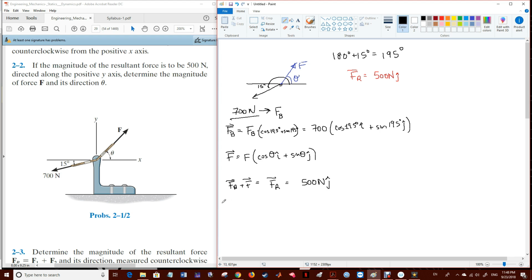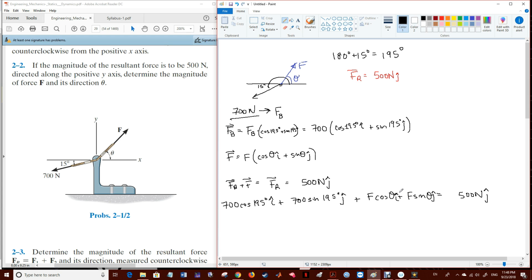So this will look like the following: 700 cosine of 195 i plus 700 sine of 195 degrees j plus unknown F cosine of theta plus F sine of theta. This will equal 500 newtons in the j direction. So let me actually put j here and i here.